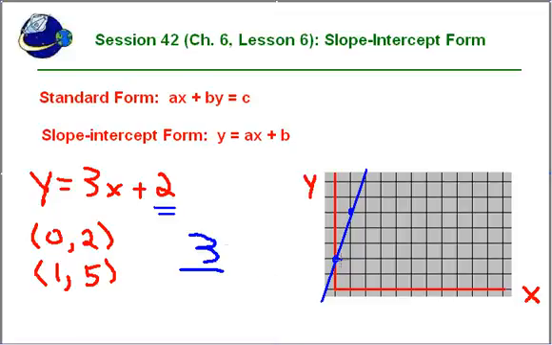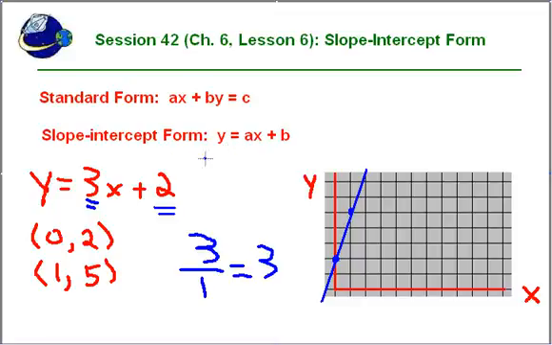What's my run from this point to my second point? My run is 1. The difference between 1 and 0, the x-coordinates of those points, is 1. So my slope is 3 over 1. What's 3 over 1 the same thing as? It's the same thing as 3. Take a look back here at your constant that's being multiplied by your x variable. It matches your slope.